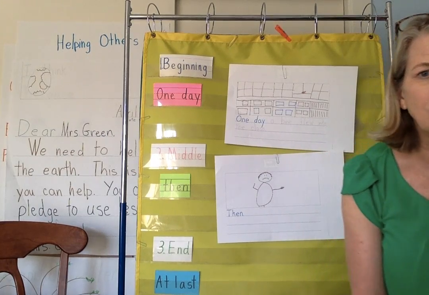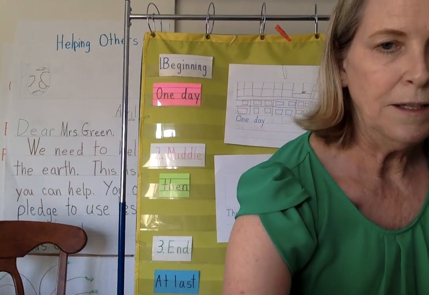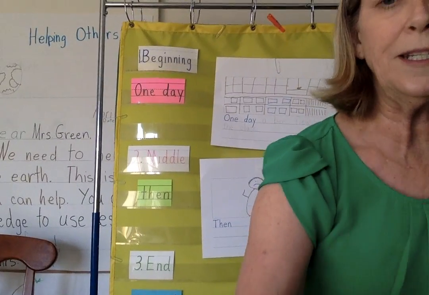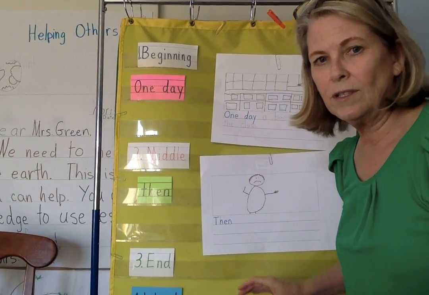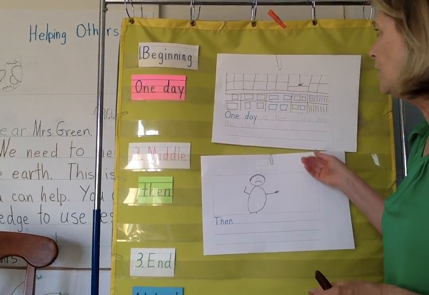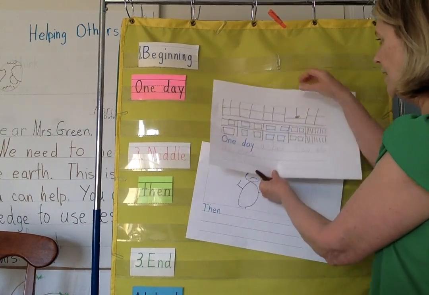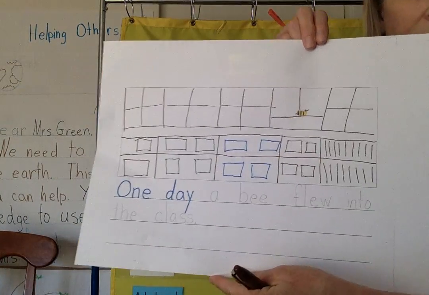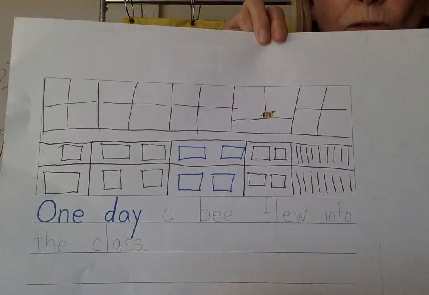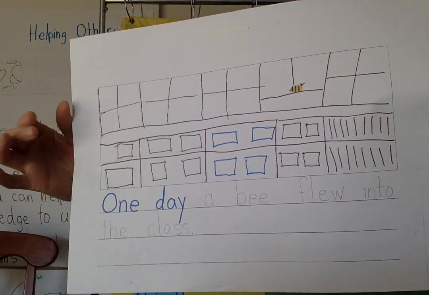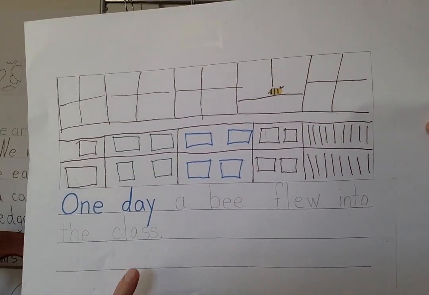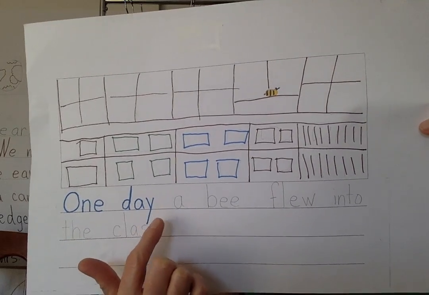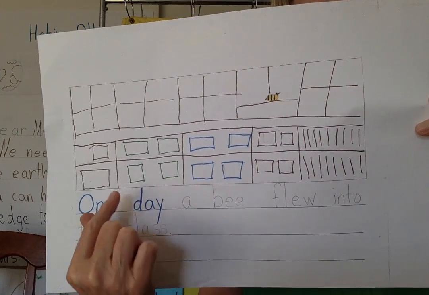And I see that it's hard for you to see, so let me bring that in just a little bit. Still kind of hard to see. We'll do a close-up. So this is my story that I started today. It goes one day. This is the view of our classroom.